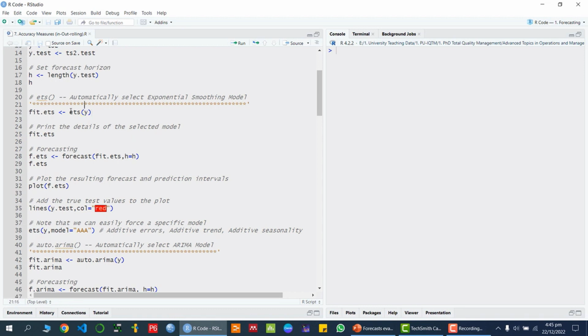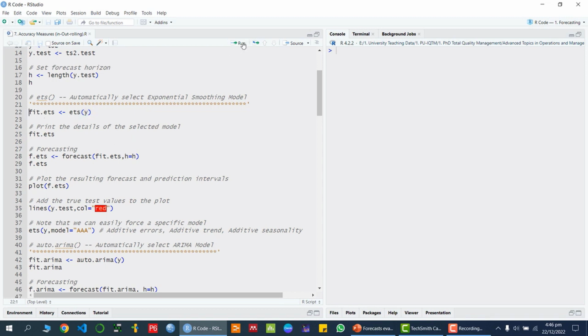The beauty of this ETS function is that, out of those 30 to 36 models, it is going to pick the best forecasting method for this particular data based on the Akaike information criterion, the corrected Akaike information criterion, or the Bayesian information criterion. The model which gives the lowest values of these criteria is the one this function is going to pick.